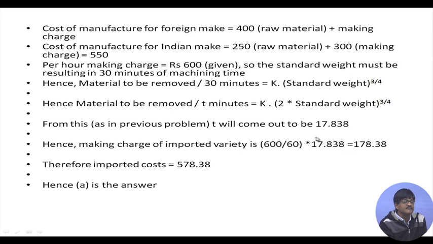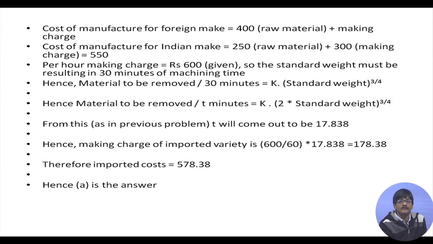Coming back to the question, if it is 17.838, we can quickly calculate the making charge as 600 divided by 60 into 17.838, which comes to be 178.38. So, the imported cost comes out to be 400 plus 178.38 equal to 578.38, and therefore, it is 28 rupees roughly more than 550 rupees.